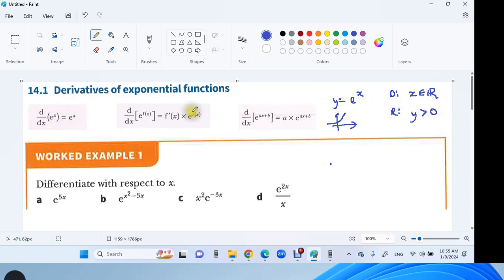Okay, so let's say we have e to the power of a function of x, then we will still have e to the power of the function of x, and then multiply with the derivative of the function f. More specifically, we have e to the power ax plus b. When we differentiate it, you will have e to the power ax plus b, and then the derivative of ax plus b is a. So we multiply a in front.